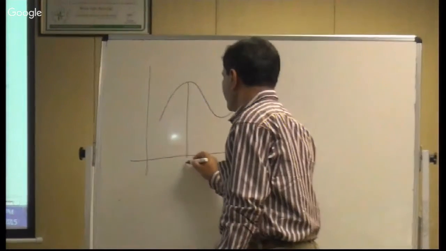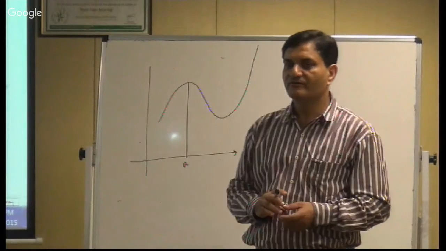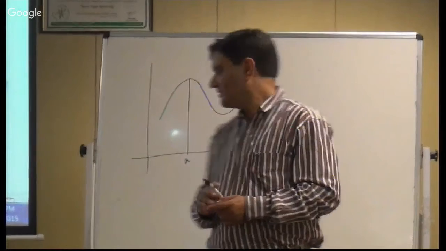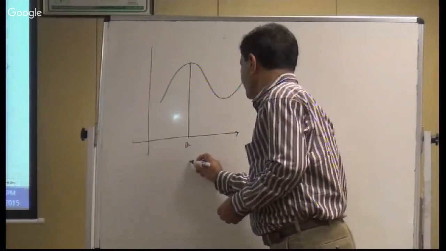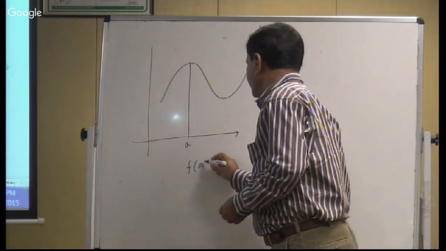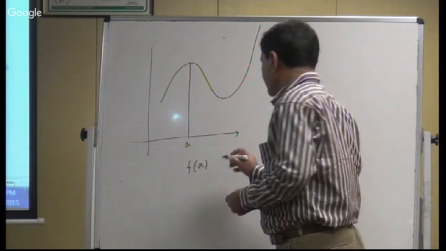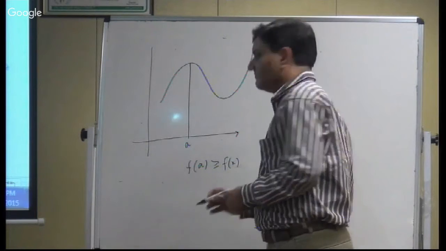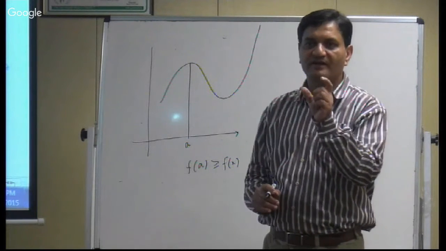x equal to a, I am considering a point of local maxima. Local maxima. So what will happen? The value of the function at a will be greater than or equal to the value of f(x), where x lies in a small interval around this point.